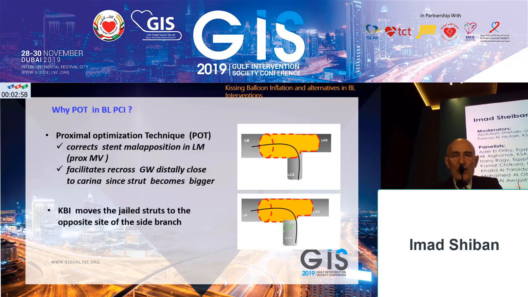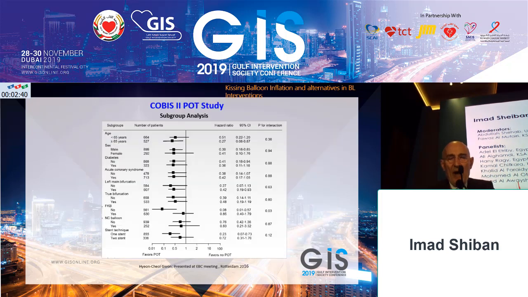And the POT also can help correct the stent malposition in the proximal part of the main vessel, facilitate recrossing distally, and also after POT, if you need to do kissing balloon, then the jailed struts can be moved to the side of the side branch. Now, we have some data from the Corby's 2 POT study showing the beneficial effect of POT in all subgroups of patients.